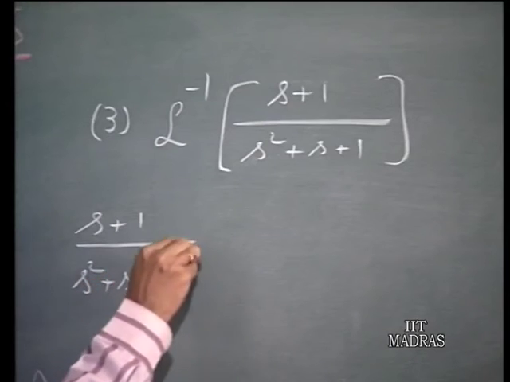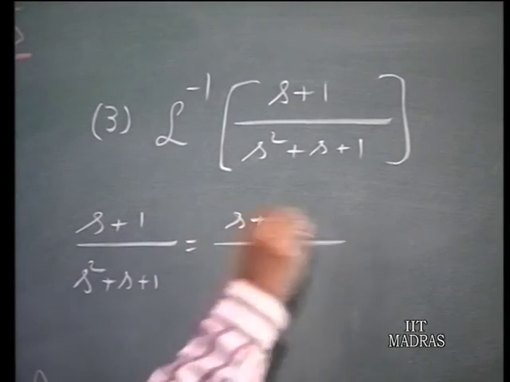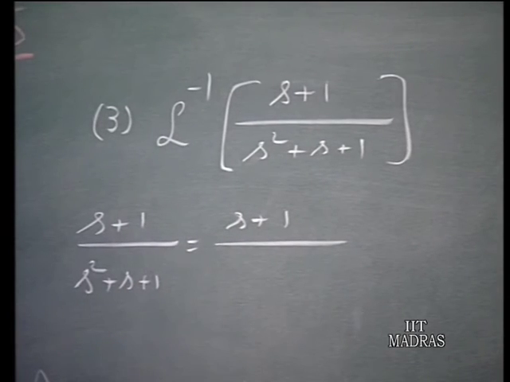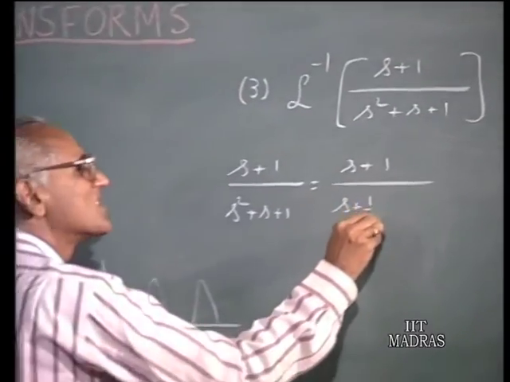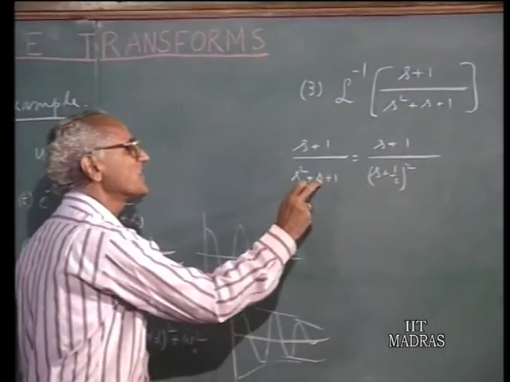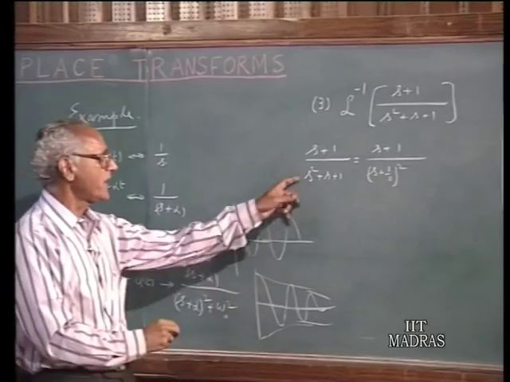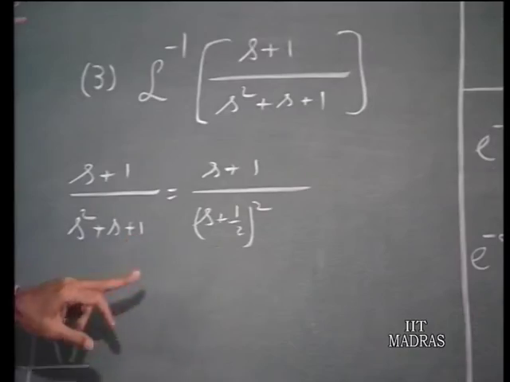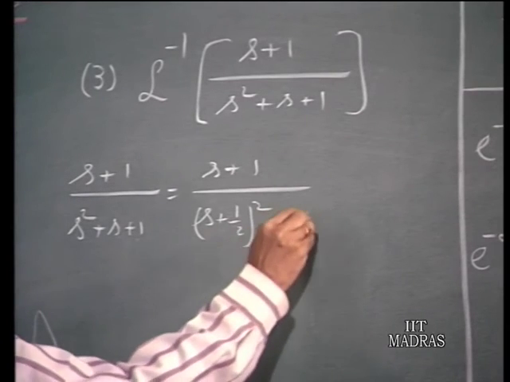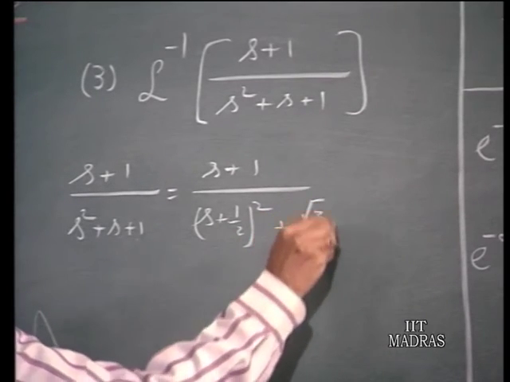First of all, I should write the denominator as s plus alpha whole squared plus omega naught squared. Therefore, I write this as s plus half whole squared. So, that accounts for the coefficient of s here, s squared plus s plus 1/4, but still you have 1 here. Therefore, to cover that, I will put root 3 by 2 whole squared.